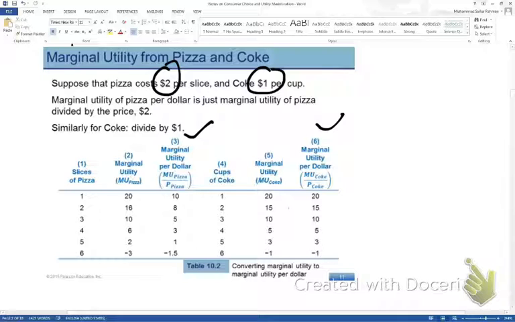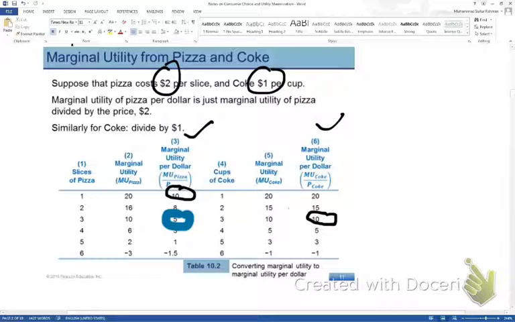For example, there is a level where the marginal utility per dollar on the first unit of pizza is 10, and the marginal utility per dollar on the third unit of Coke is 10. So this seems like it satisfies one of our conditions. But there are some other situations as well, where, for example, when you are buying the third unit of pizza, the marginal utility per dollar is 5.